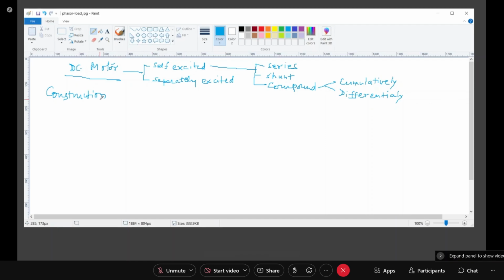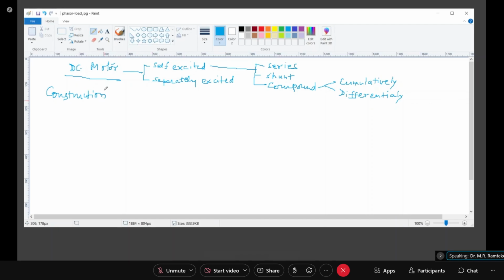Basically, there may be some people from rural areas. On the cycle, they used to fit some lights during old days. So that was some kind of a DC generator.